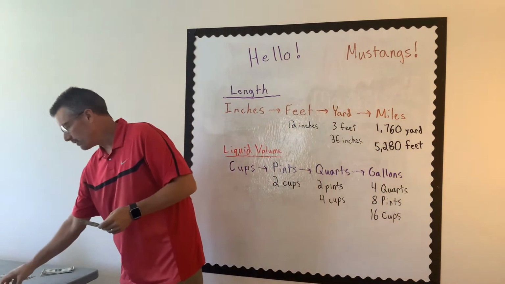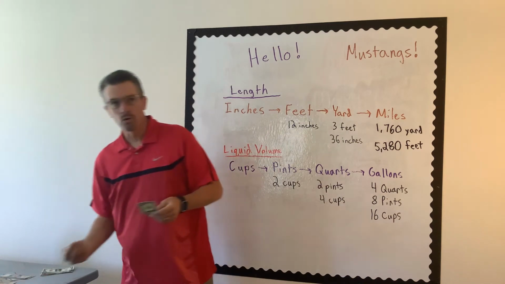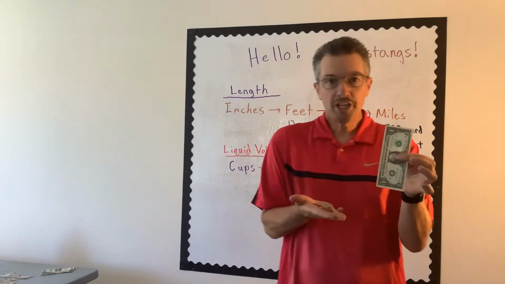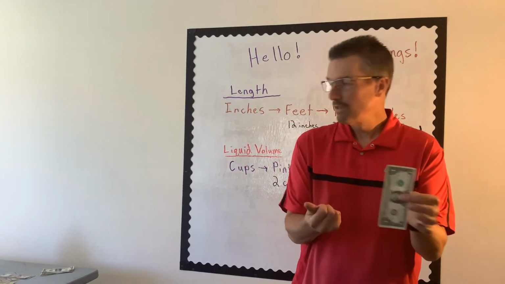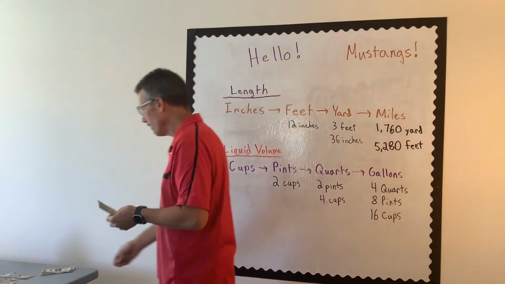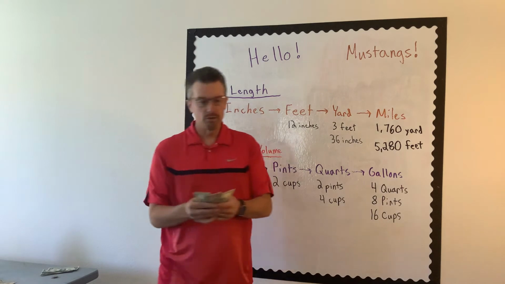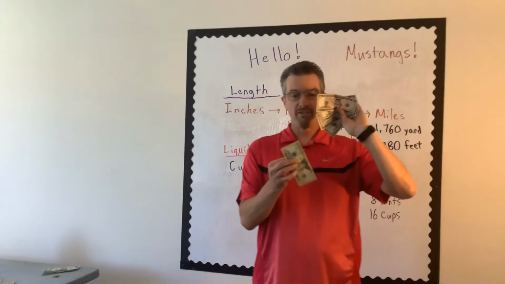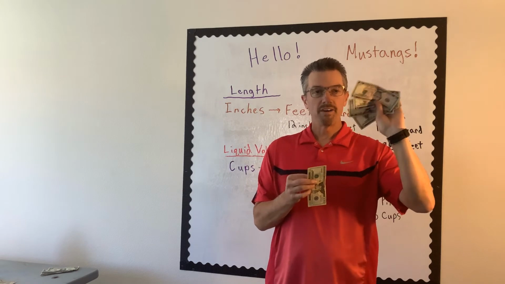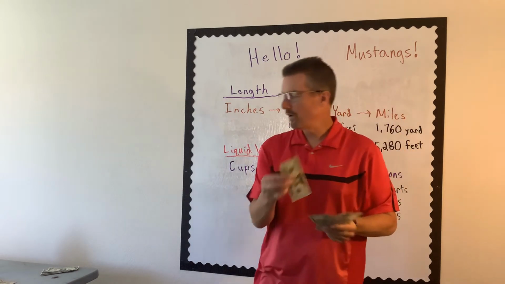And then you could also convert the $1 bill into quarters. You'd make change for the $1 bill, and you'd have 4 quarters. So all those different ways are conversions. If you wanted to, you could convert the $20 bill right into 4 $5 bills: 5, 10, 15, 20. You'd have 4 $5 bills for one $20 bill.